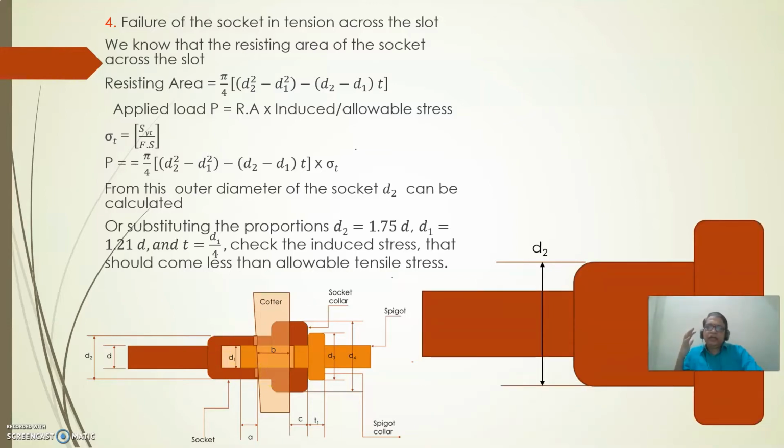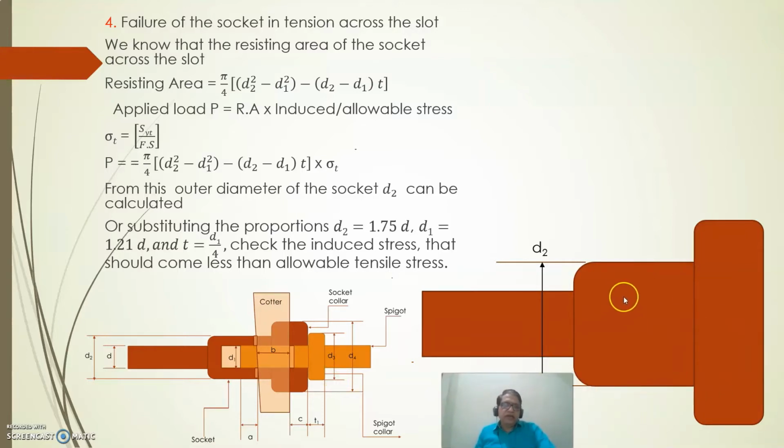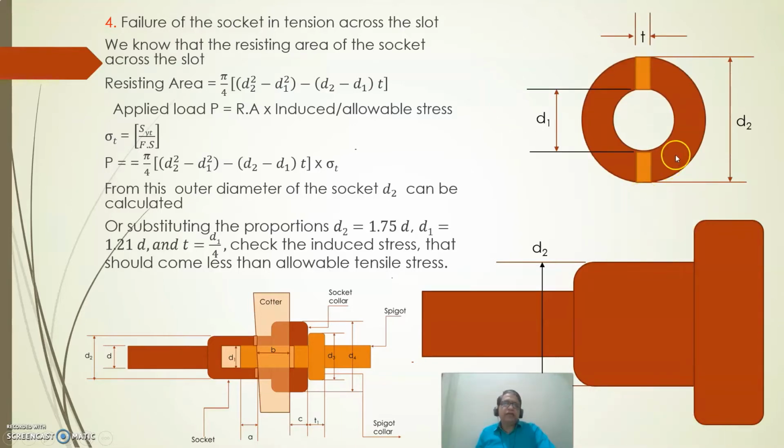You should get what exactly it looks like. If you get this figure immediately, then you will come to know that yes, this is what we need.